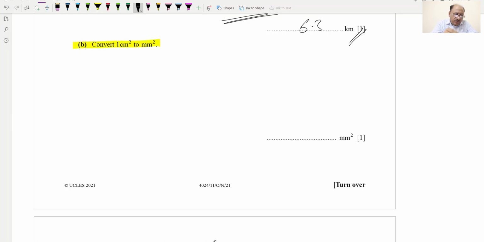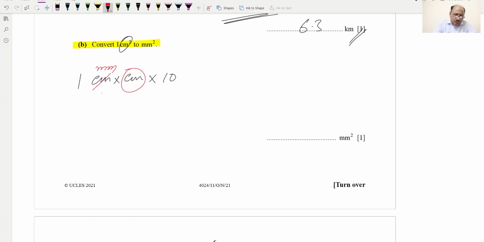Now convert 1 centimeter square to millimeter square. So in 1 centimeter there are 10 millimeters, so this is 1 centimeter square. The easiest way to solve these type of unit conversion questions is that write this centimeter square like this one, centimeter into centimeter. Now this is the task, we have to convert this into millimeter square. So each centimeter will convert into millimeters, so we will multiply by 10, and now this is converted into millimeter.